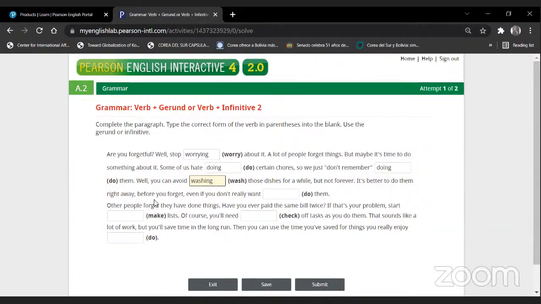It's better to do that way before you forget it, even if you don't really want to do. People forgetting. It's better. Start. Start. Me.